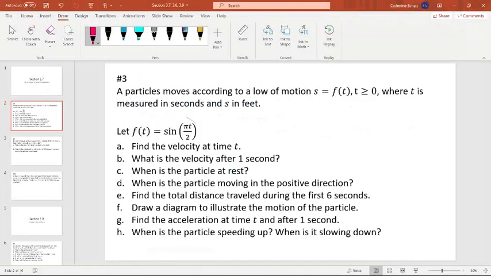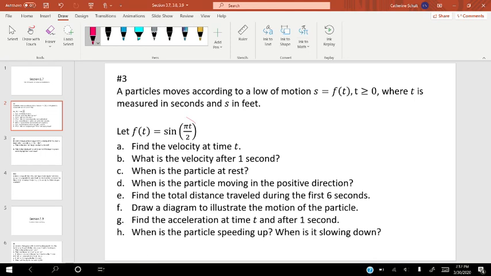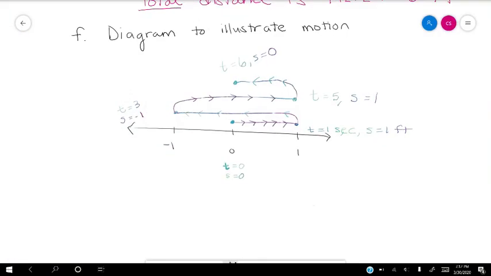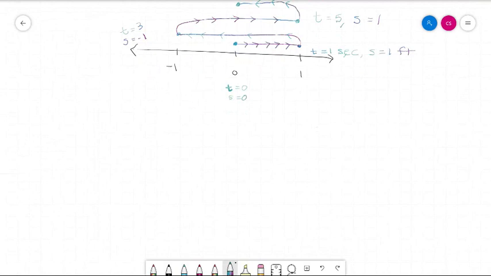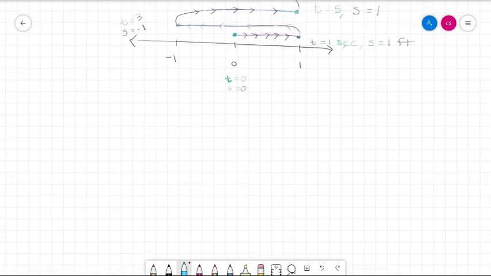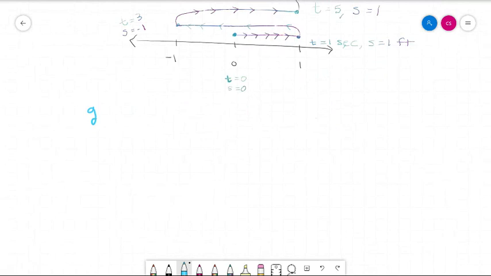Part G, find the acceleration at time t and after 1 second. Okay, what do we know about the acceleration? We know that the acceleration is the rate of change of velocity, right?